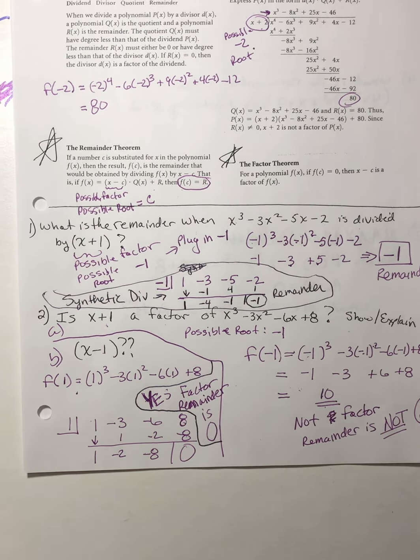What is the remainder when this is divided by that? Well, we can do the substitution again. If I'm doing substitution, what do I use? That's right, you would use the plus 2. So we can plug in a positive 2.